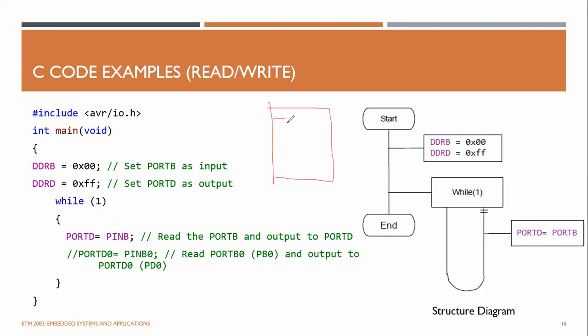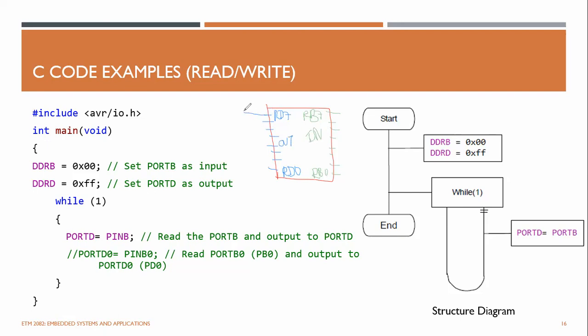You have the microcontroller, and this side is, let's say, PD0 to PD7, and this side I have PB0 to PB7. So this is the input, and this is the output.